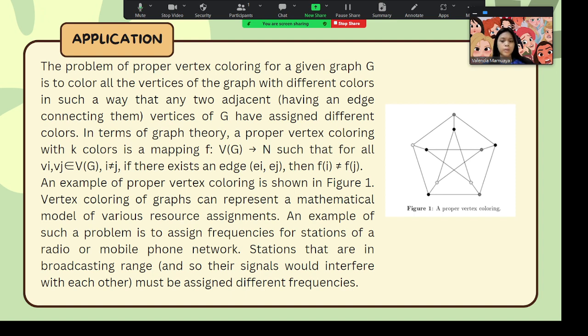An example of proper vertex coloring is shown in figure 1. We can see the picture over here.